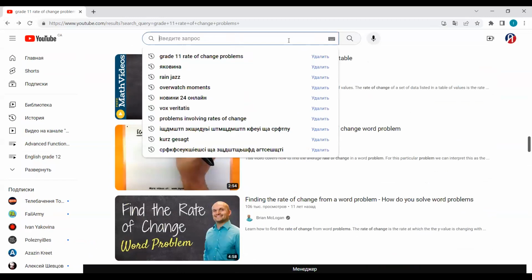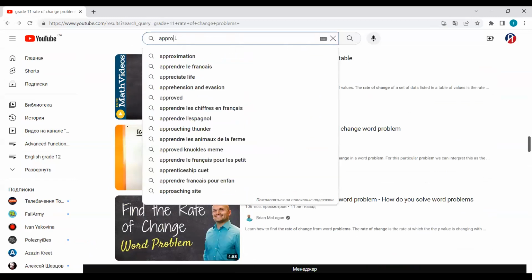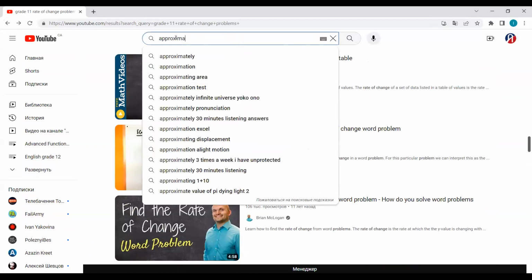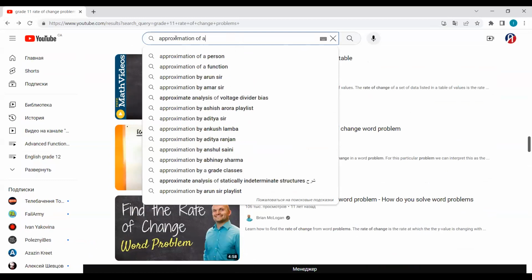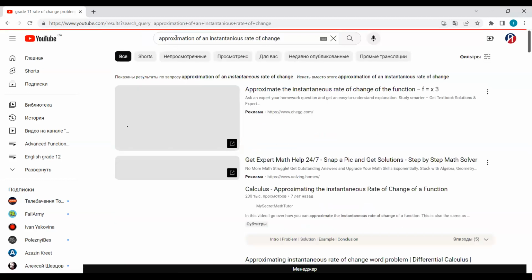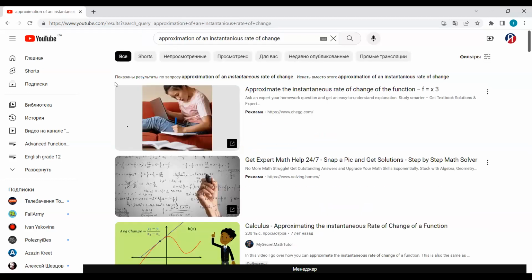Oh, and here's one that I want you to see. It's an approximation of an instantaneous rate of change. This is for Ahmad, who missed classes.